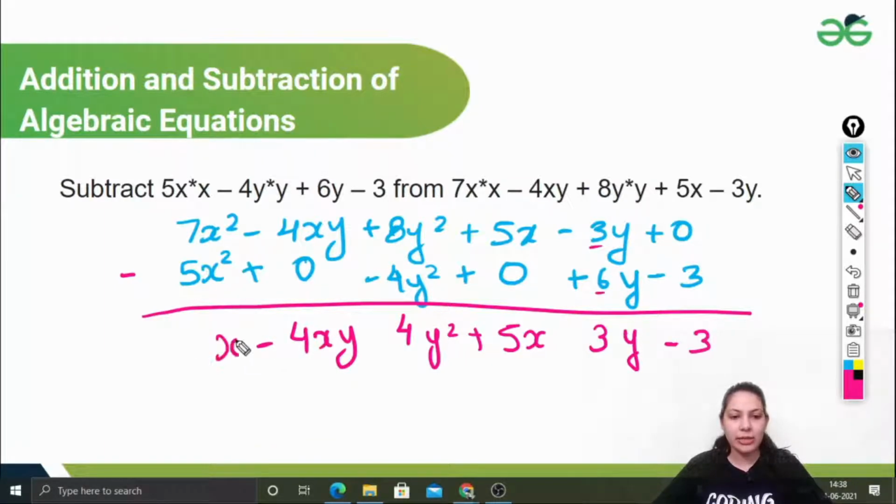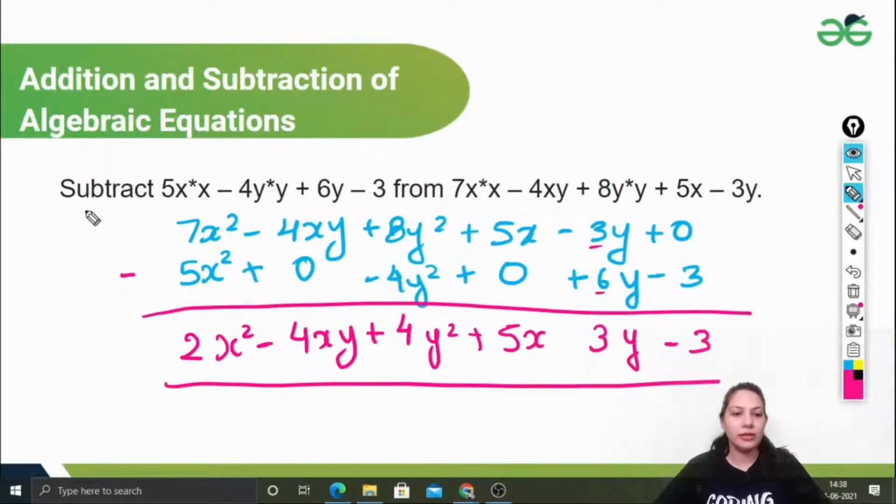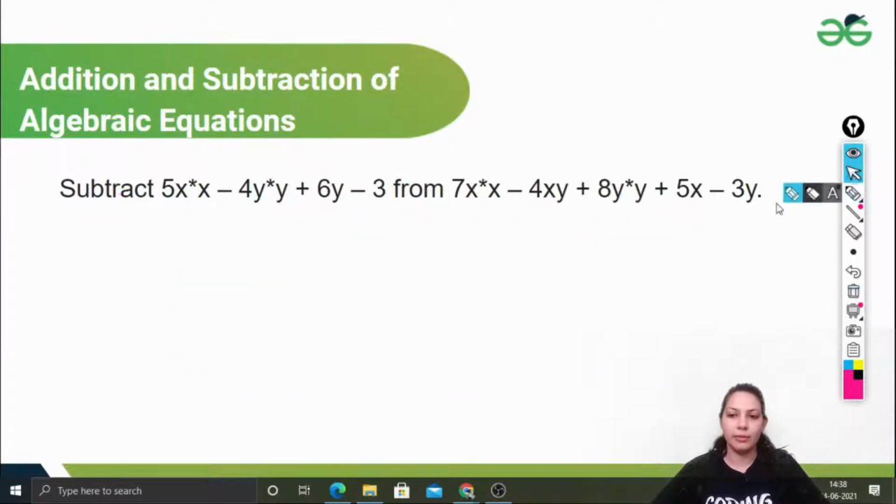Again x square as it is, 7 minus 5 is 2. So this will be the answer of this question. I'm waiting for you to write and understand. Okay, let us move to our other part.